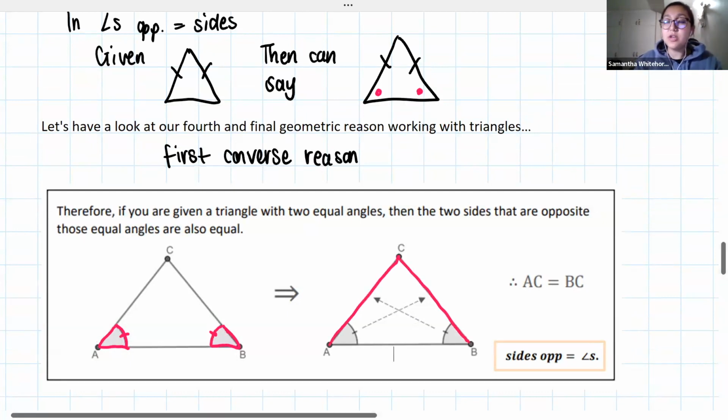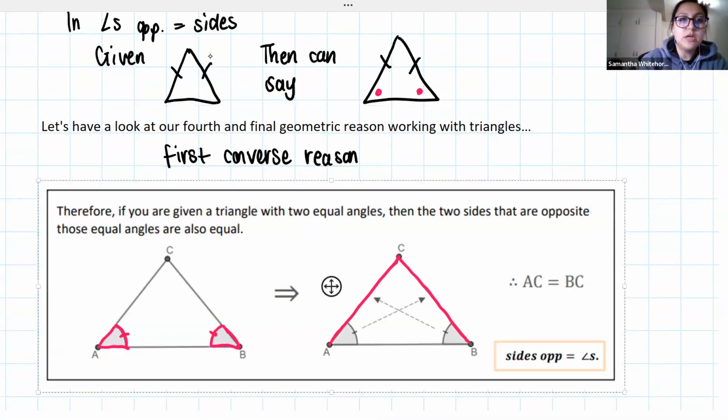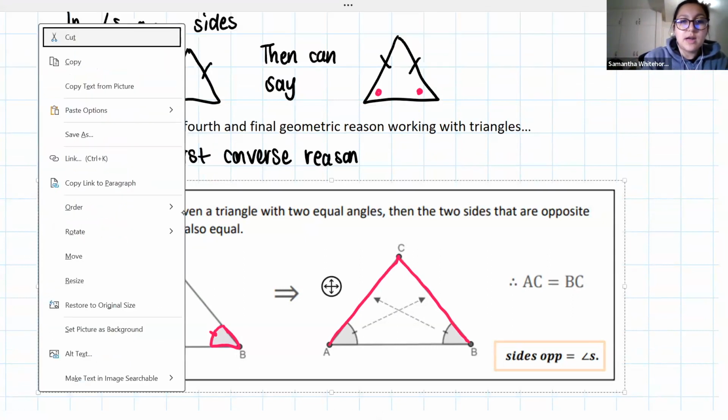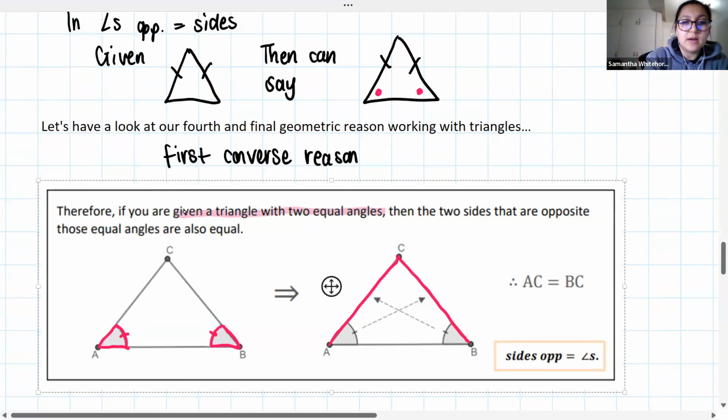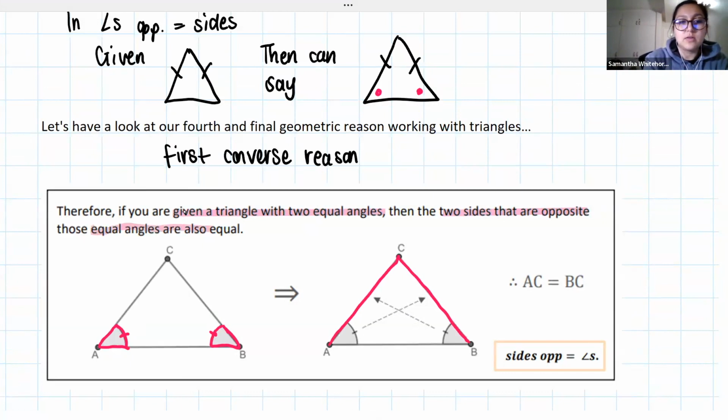Instead of me giving you the equal sides and you telling me the angles are equal, I'm now giving you the equal angles and you can now tell me that the sides are equal. Right, so just to say this all again, if you are given a triangle with 2 equal angles, you can then say that the 2 sides opposite the equal angles are also equal to each other.